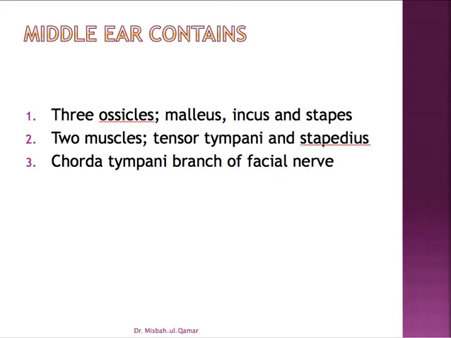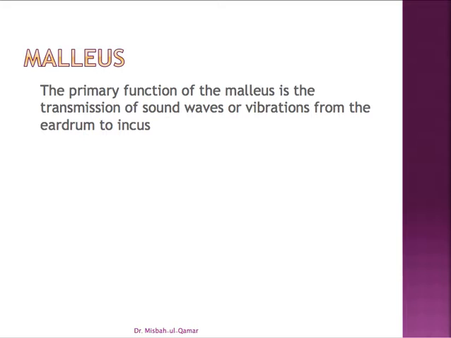One by one, we will discuss these. So, first, moving on to the bones, malleus. The word malleus is a Latin word which is used for hammer, and it is the first bone of the middle ear.